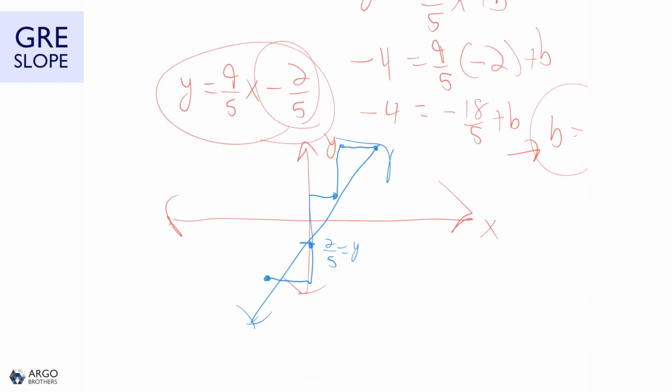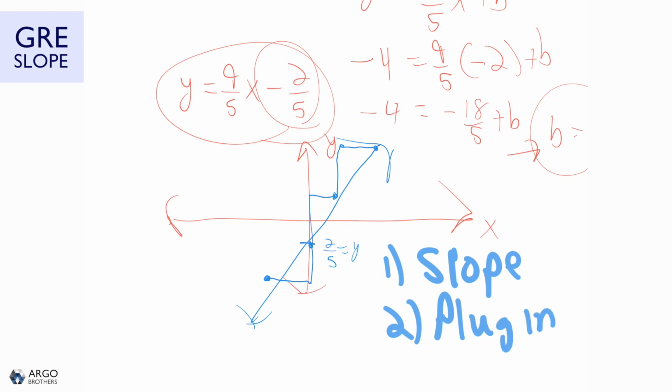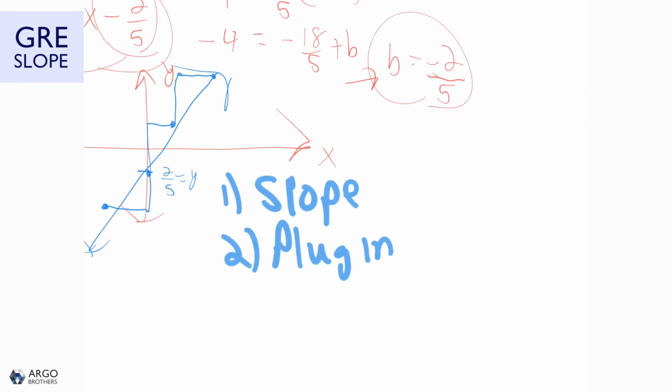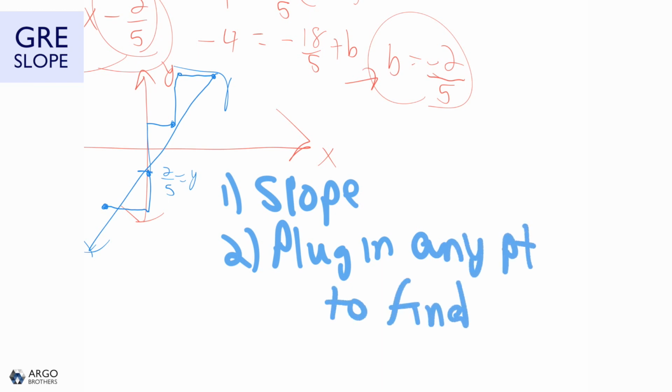So when they give you 2 points, remember the things to do to find the equation. Number 1, find the slope. Number 2, find the y-intercept by plugging in any point that they give you to find b, which is the y-intercept, and then write out the line.